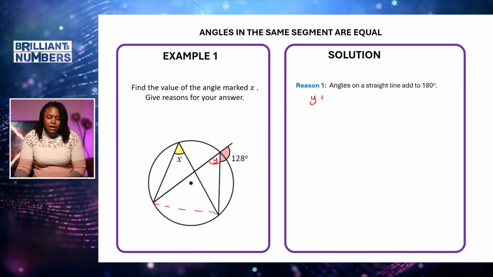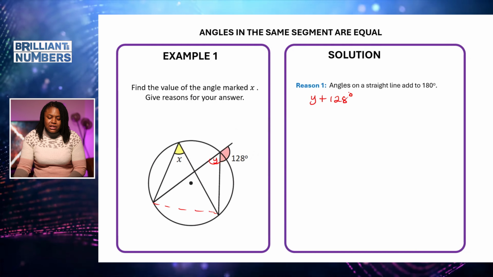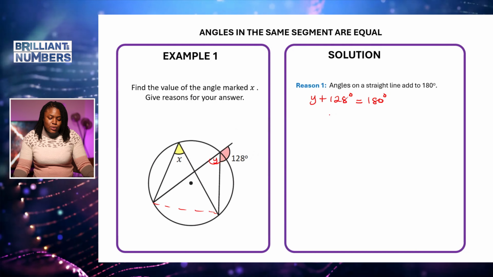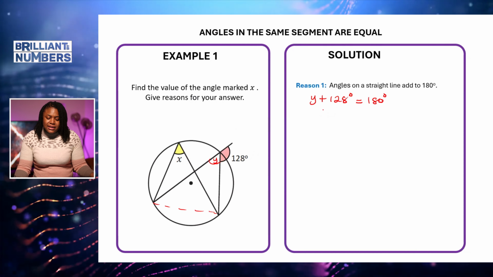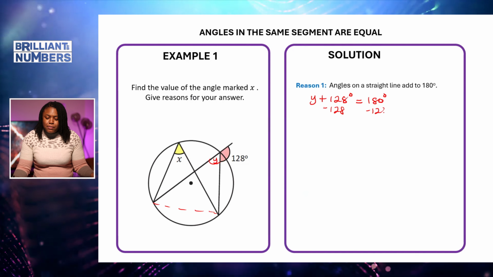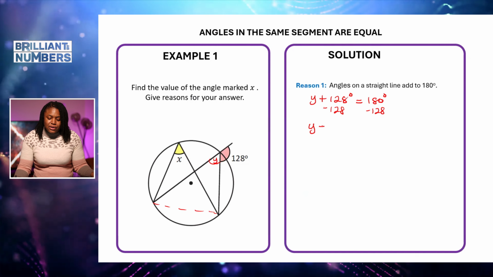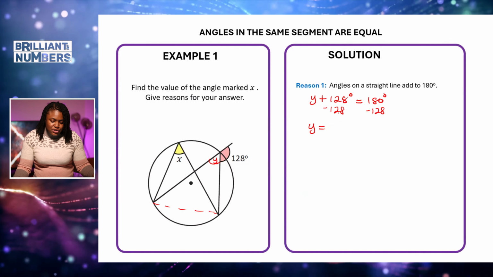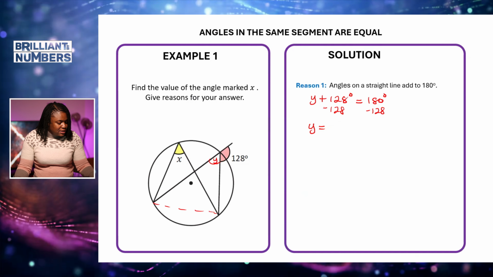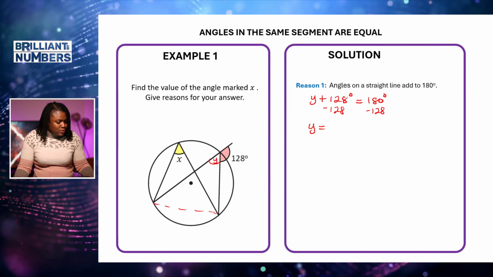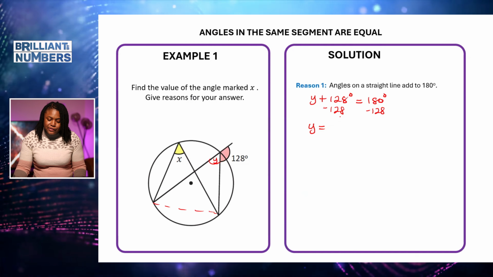So Y plus 128 degrees should be equal to 180. So we're going to need to subtract 128 from both sides here. So we put that in our calculator. On this side we get Y. So we just need to do 180 take away 128. And that gives us 52 degrees.